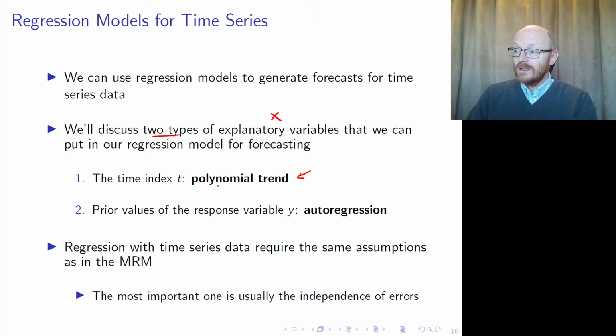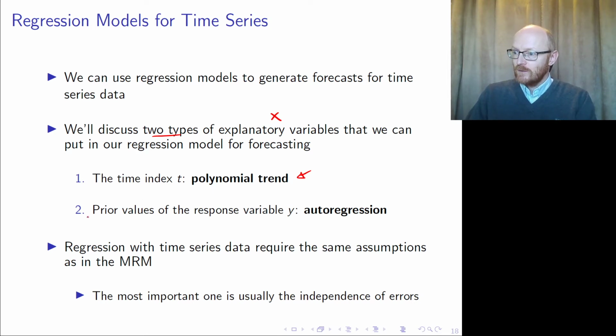The reason why it's quite nice to know about this polynomial trend is to show you that it provides a very good fit of the process as long as you include enough powers of the time variable. But we will show you why that's not a very good idea.